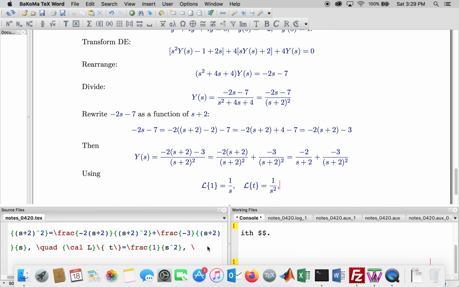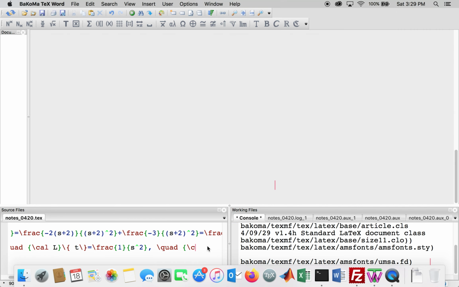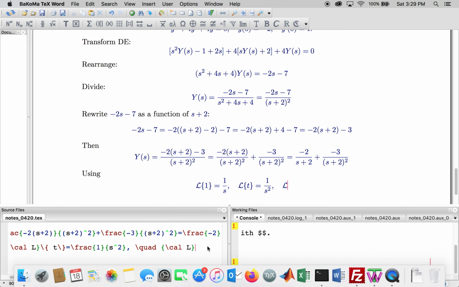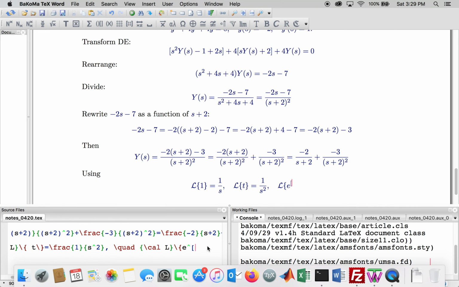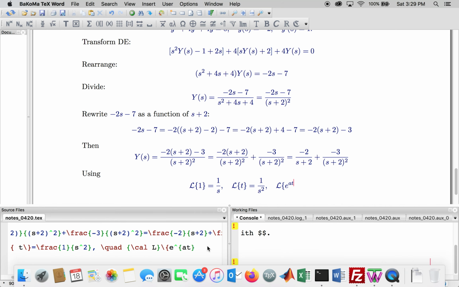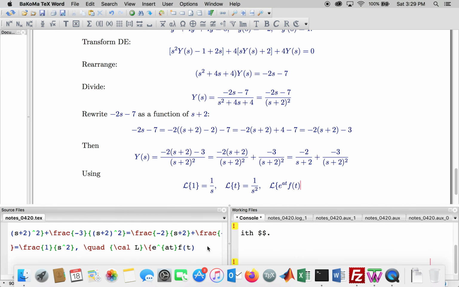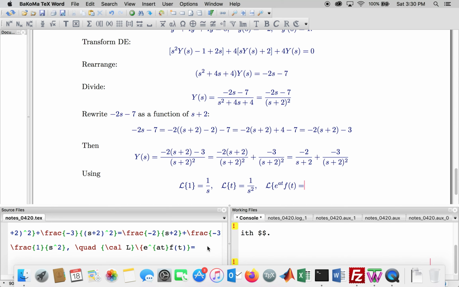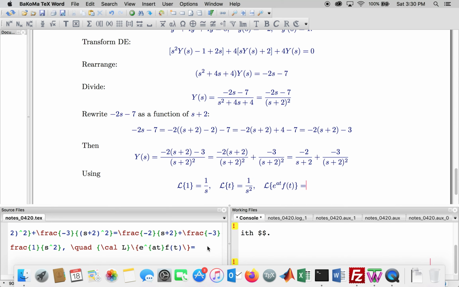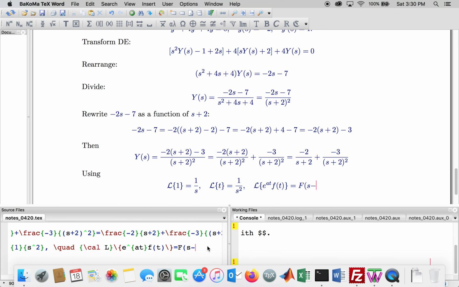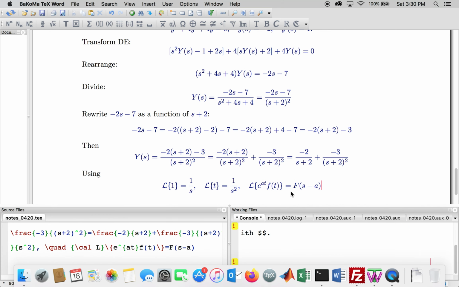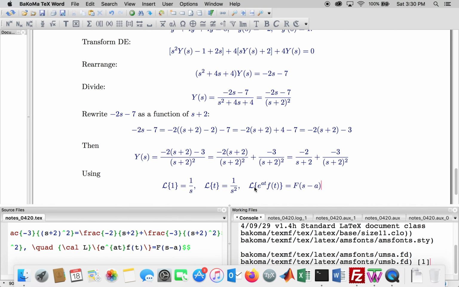But the way we could deal with that is using this third rule: the Laplace transform of e to the at f of t, as we just saw a little while ago, is equal to capital F of s minus a, where capital F is the Laplace transform of little f.